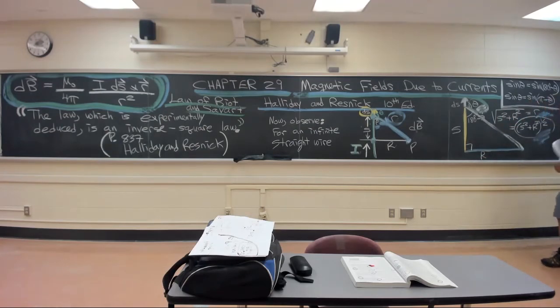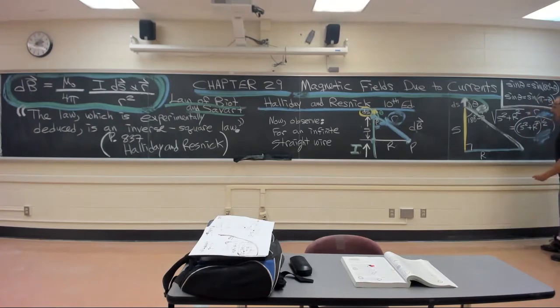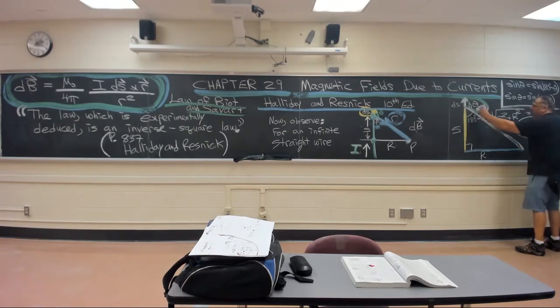But when you're actually finding the distances involved, any triangle I draw up here, I can draw the exact same triangle down there, completely symmetric. If this theta right here is 120 degrees, this is 60 degrees.